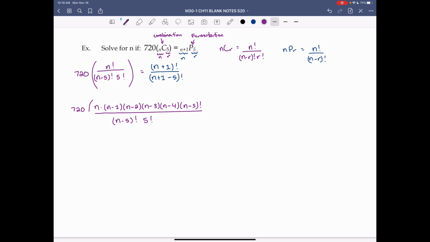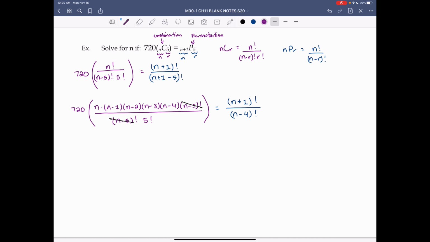So now I have n minus 5 factorial on top and bottom, and I can divide those out. And on the right side, I have n plus 1 factorial divided by n plus 1 minus 5, which is n minus 4 factorial.